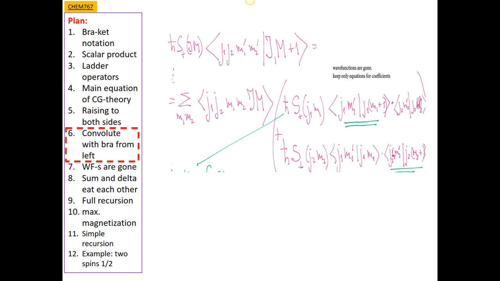We keep the Clebsch-Gordan coefficients for J1, J2, M1, M2, and J. And then we are using this artificial bra on the right side as well. So here will be the artificial bra.